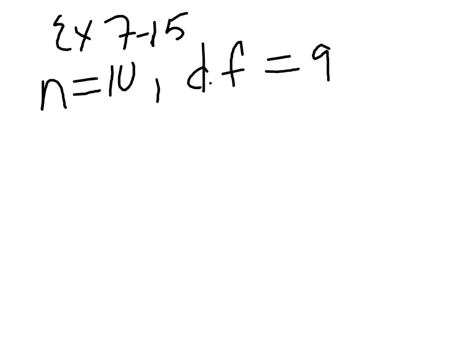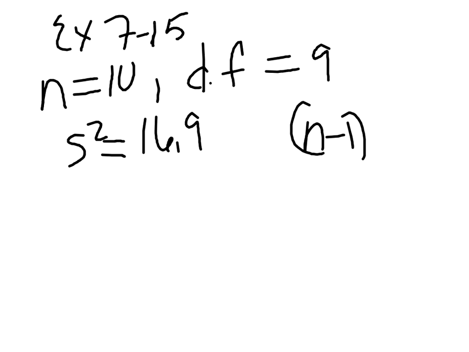But I'm going to take the book's word for it, and this time we know the variance is 16.9. Recall that our formula asked for the variance. So this time we do not have to square 16.9, it is the variance.